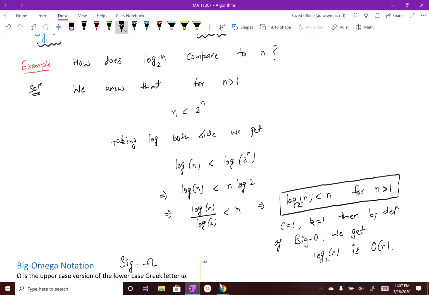Okay, so that's going to be our final solution. So if you want to compare log of n with base 2 with n, you can make a statement that log n with base 2 is big O of n.